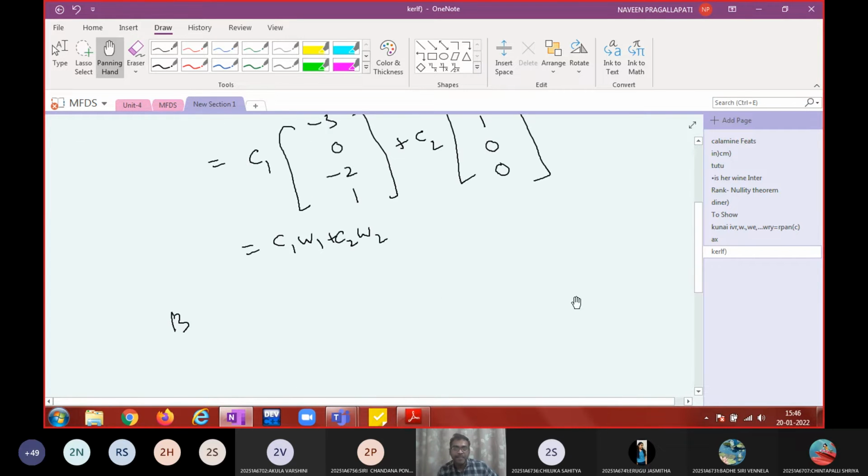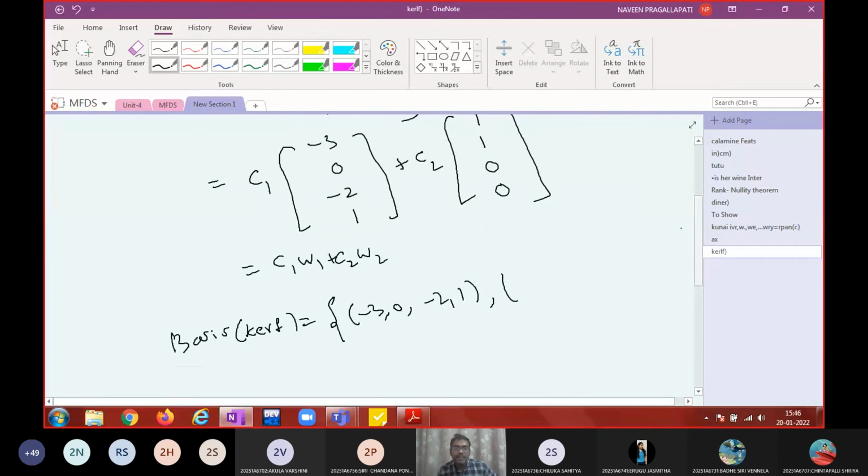Therefore the basis of ker f is (minus 3, 0, minus 2, 1), and the next vector (1, 1, 0, 0). Therefore the dimension of ker f is 2, the number of elements in the basis.